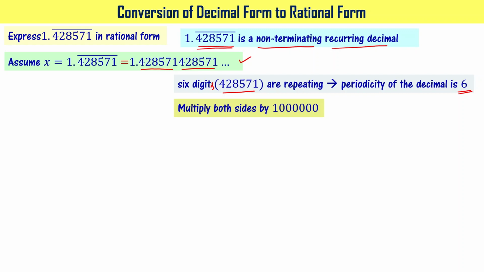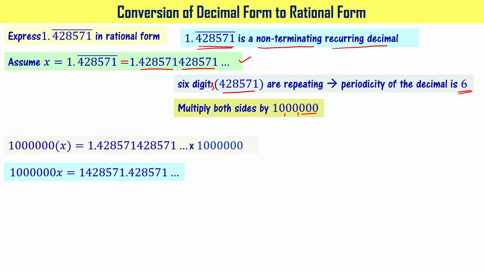This is 10 lakhs, right? Let's multiply both the sides of the given equation with 10 lakhs so that it becomes 10 lakhs times x equal to 1428571.428571 and so on, right? Let us subtract x from this.